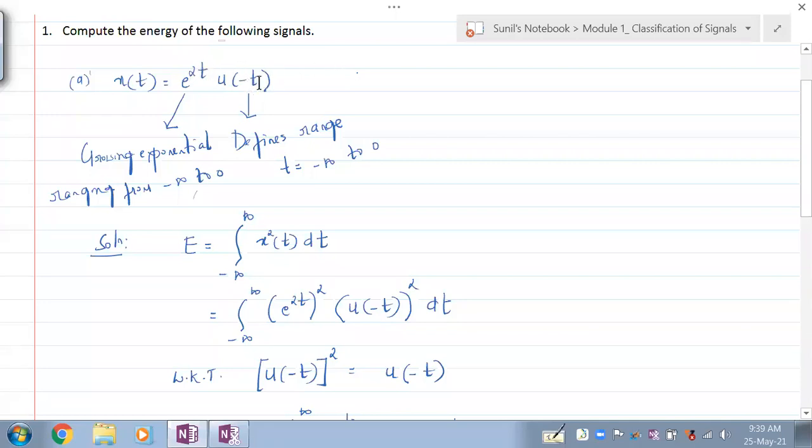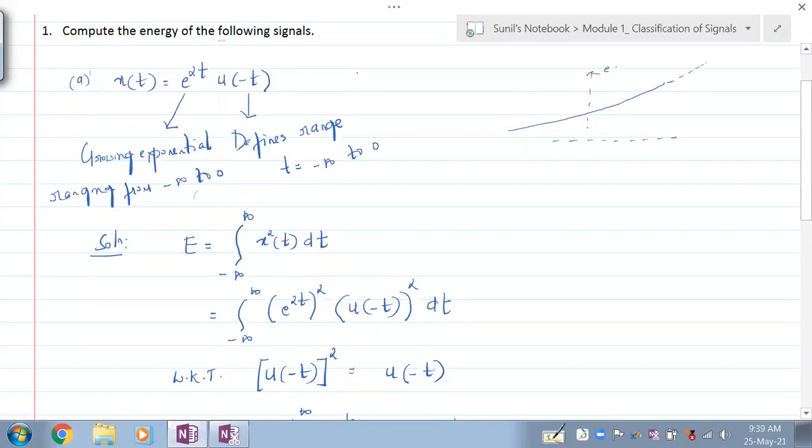Range is infinite. See here, u of minus t is there. But e power 2t, what's happening with e power 2t? I'll sketch it. You just see what happens. E power 2t is the growing exponential.